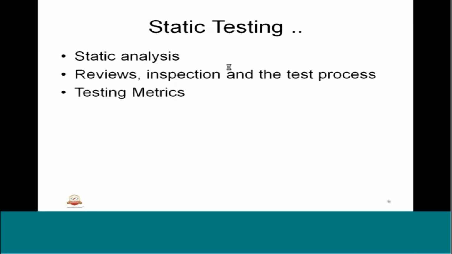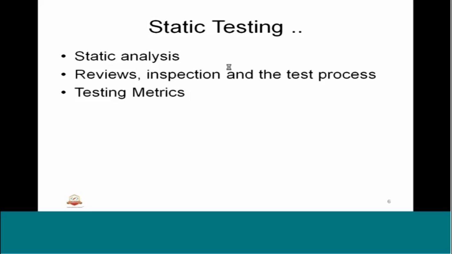There are three things that are done in static embedded software testing: static analysis, and the next one is reviews, inspection and the test process. Then the testing matrix. All these together are used under static testing to make sure that the reports, the completion and the pass-fail criteria are arrived at. So these are the three different types.